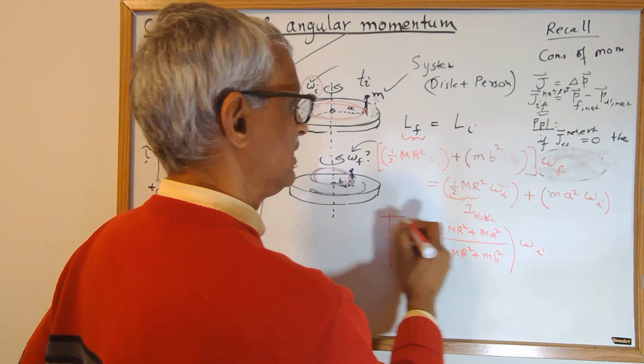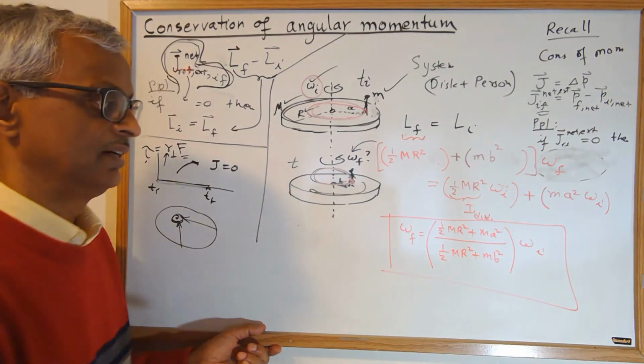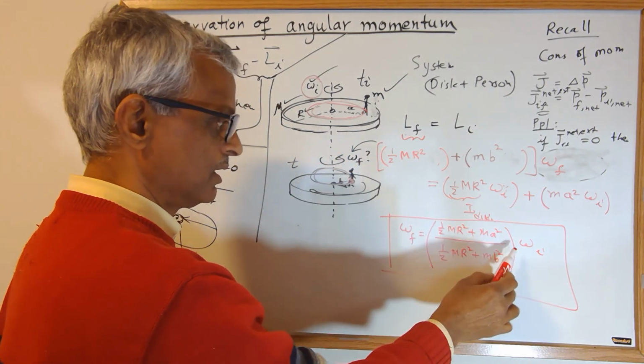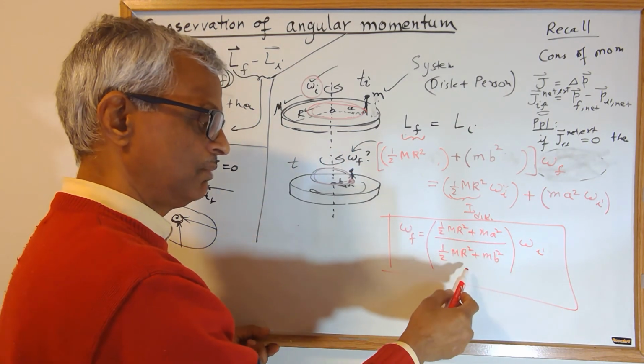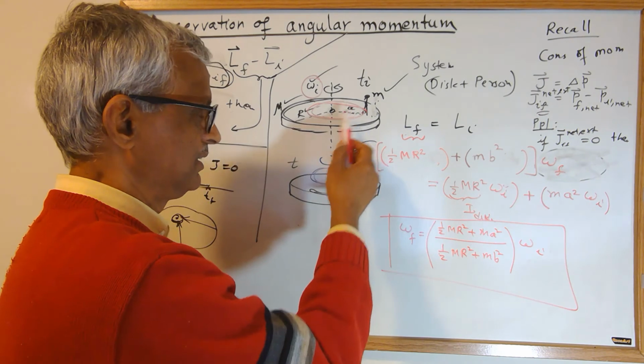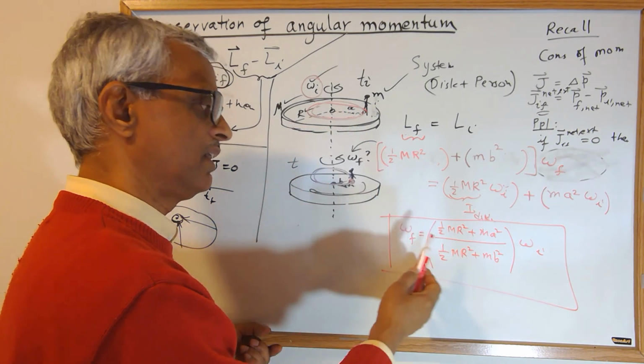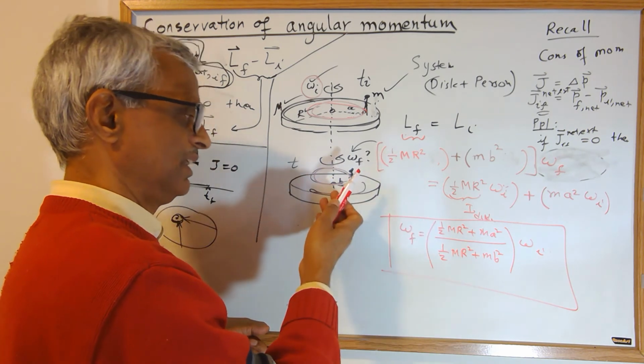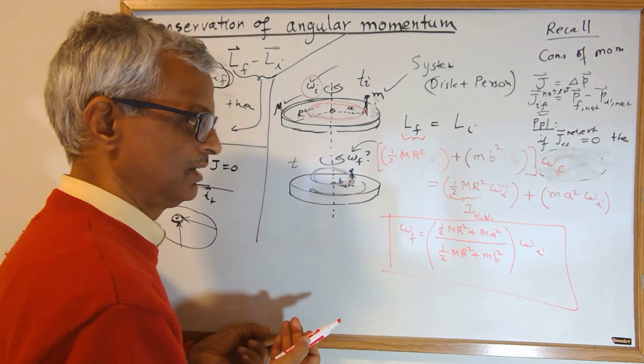So this will be the answer symbolically, because all of these are given to us. Note the time didn't matter, how long it took him to get from here to there. It only cares about initial to final. It could have taken 2 days, it could have taken 10 seconds. It will be exactly the same situation.